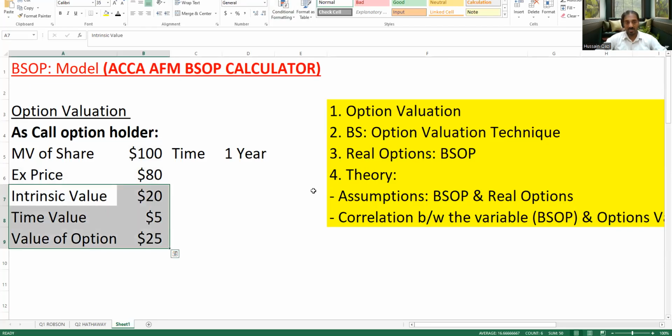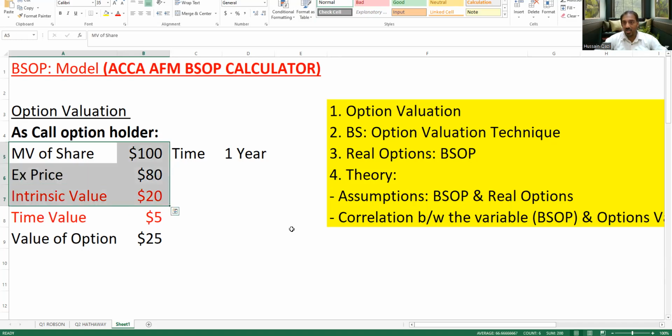Value of option. So a call option has the variables of intrinsic value and time value. For intrinsic value, there are two variables: market value and exercise price.